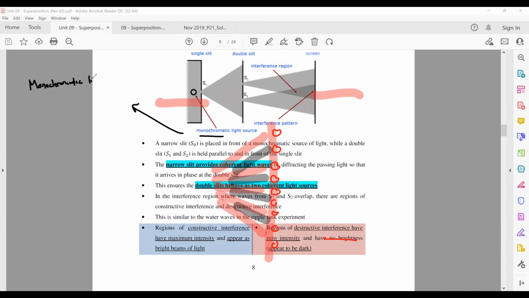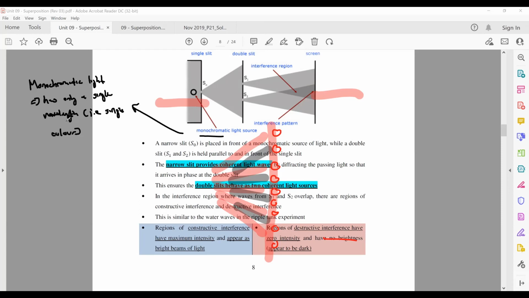Monochromatic light has only a single wavelength, i.e., only a single color.